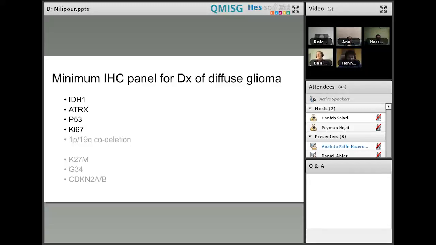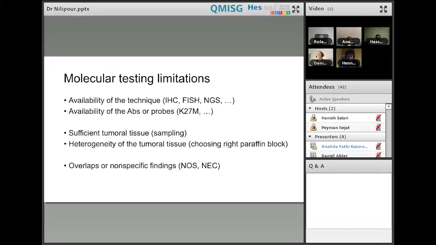Next slide, please. For a diagnosis of diffuse glioma, we have a minimal panel of immunohistochemistry that we have to use: IDH1, ATRX, P53, and Ki67, which we are obliged to do, and without these markers, we can only give a NOS diagnosis.